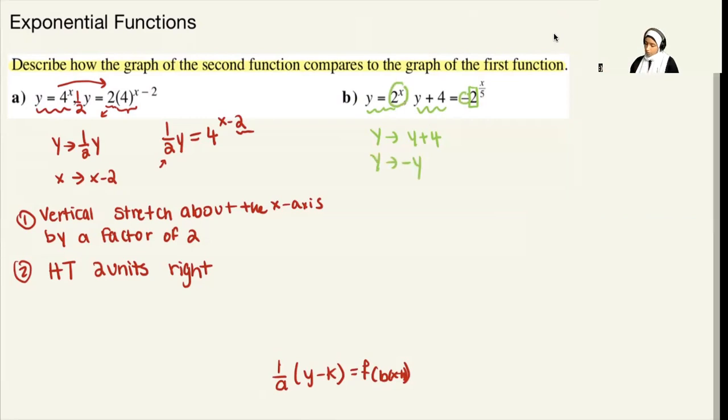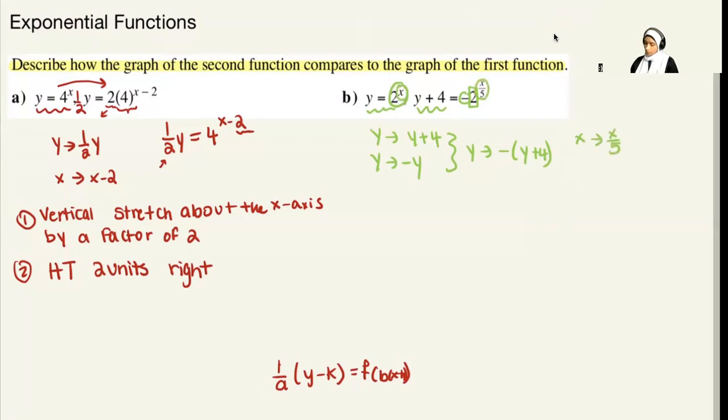So we have y being replaced by negative y plus 4. And then x was replaced by, look at this, it was just x, now it's x over 5. So x was replaced by x over 5.